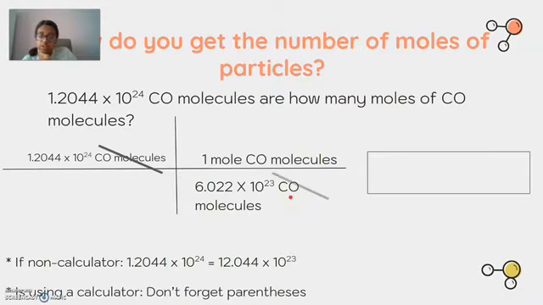And then units cancel, and you're going to get 2 moles CO. If you don't have a calculator, I suggest that you change 1.2044 times 10 to the 24th to 12.044 times 10 to the 23rd. This concept was covered in the scientific notation video. So then you can see that this times 2 would equal this. So then you get 2, and if you are using a calculator, don't forget your parentheses.